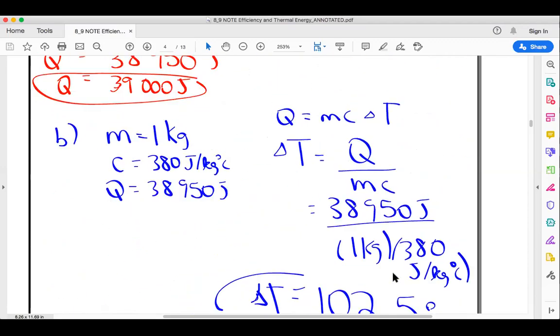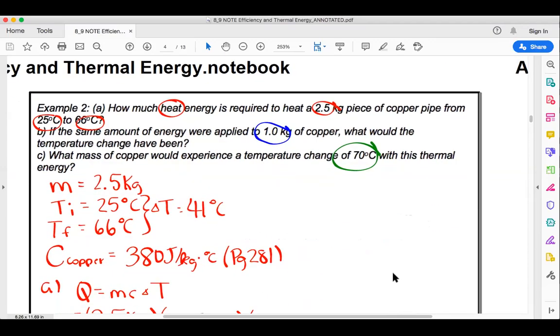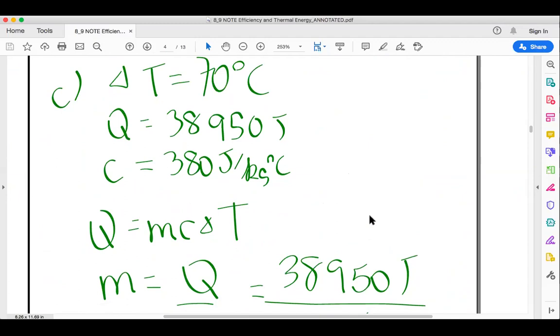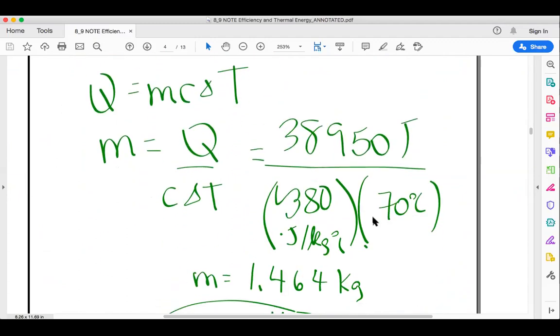Is it one significant figure? Yeah, because now we only have 70 degrees Celsius, which is only one significant figure. So A and B, you would round to two significant figures. Part C, you would round to one significant figure.